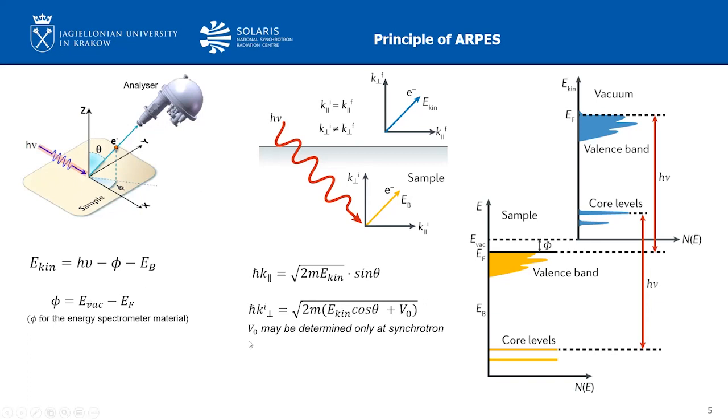Here V0 is a constant called the inner potential. V0 can be determined from photon energy dependent measurements by fitting the experimental periodicity along the K perpendicular direction.